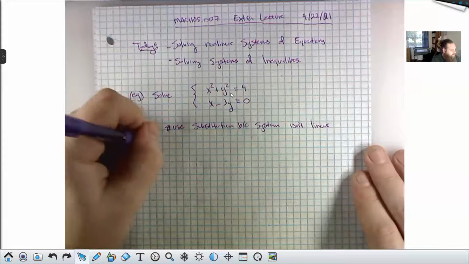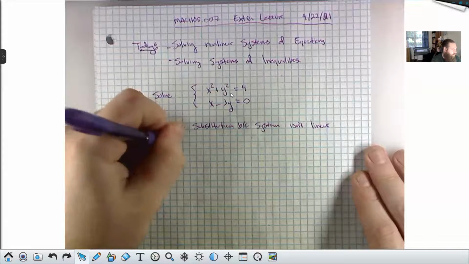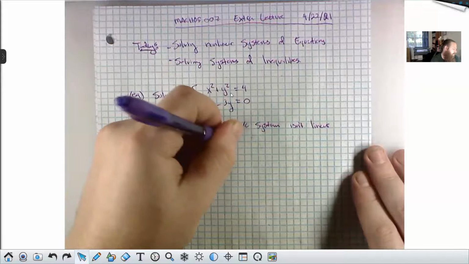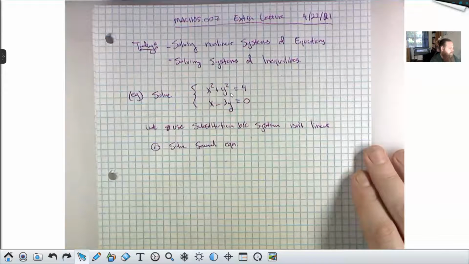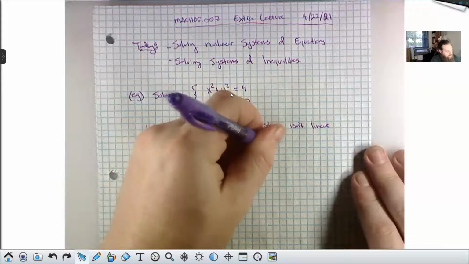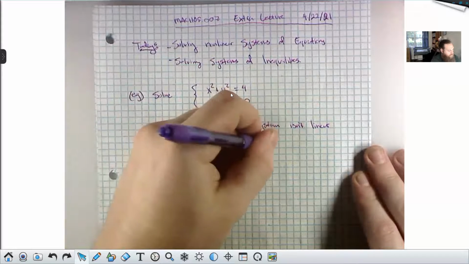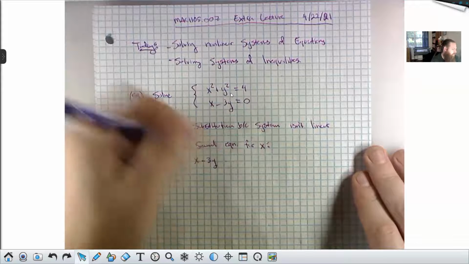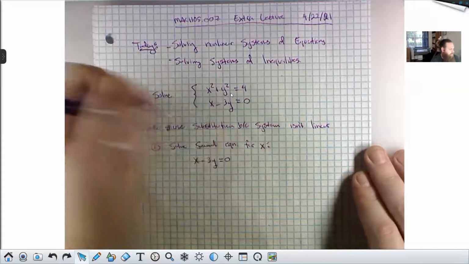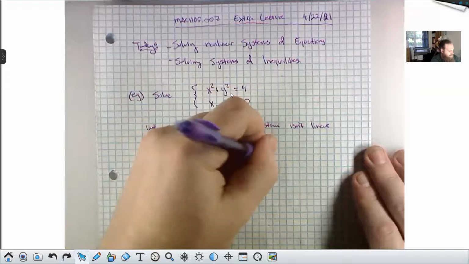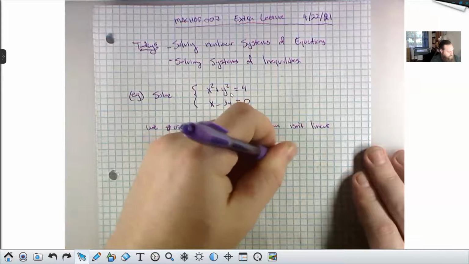I'm going to solve the second equation for x, because that's easier. I'm starting with the second equation, which is x minus 3y equals 0. I can just add 3y to both sides, and that will give me x equals 3y.